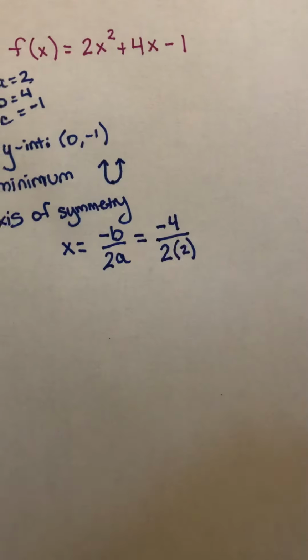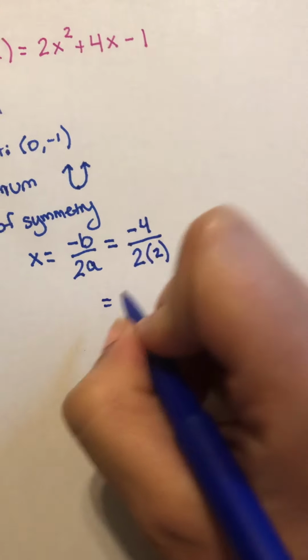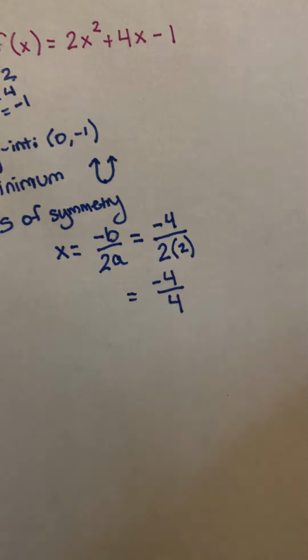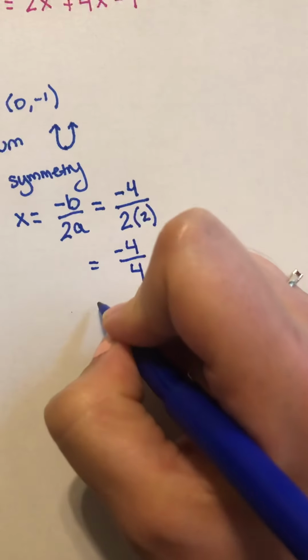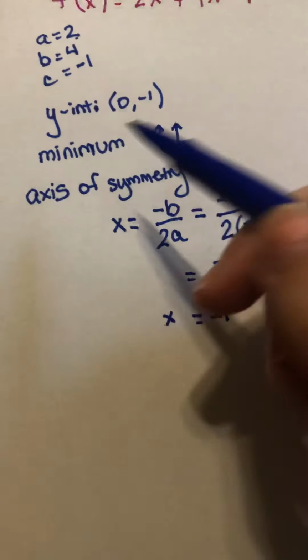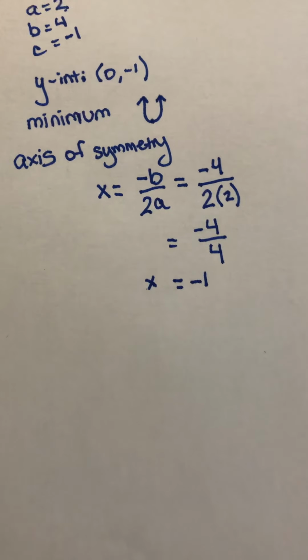And we can simplify that. Negative 4 divided by 2 times 2 would give us negative 4 divided by 4, since 2 times 2 is 4. And negative 4 divided by 4 would give us an x value of negative 1, which means the equation of the axis of symmetry is x equals negative 1.